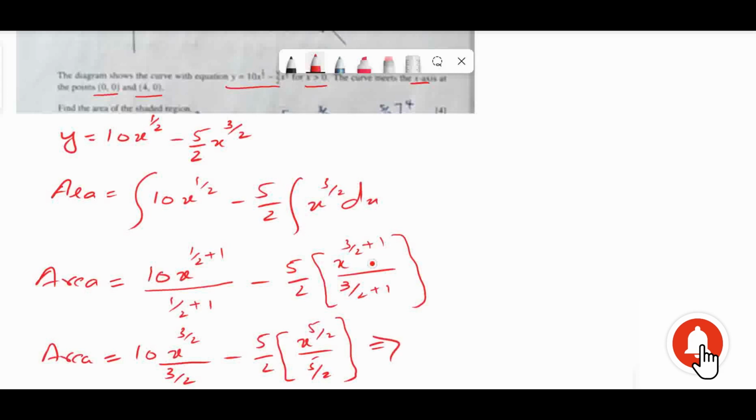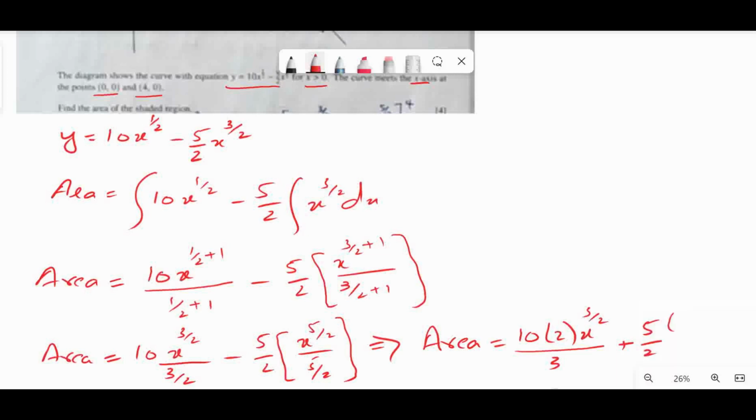So finally, if we rearrange it, the area will be equal to 10 into 2x^(3/2) divided by 3, minus 5 into 2 divided by 5 x^(5/2).